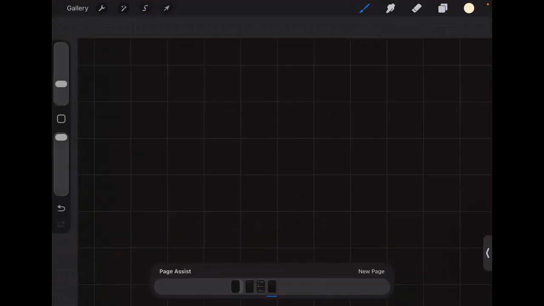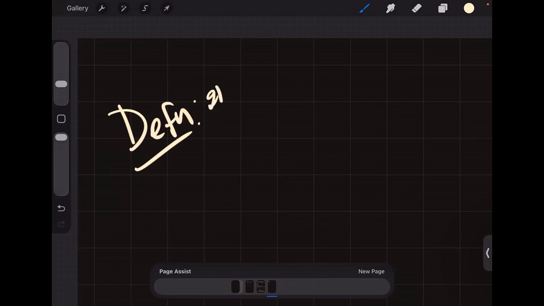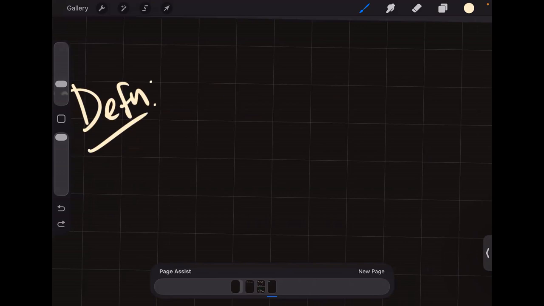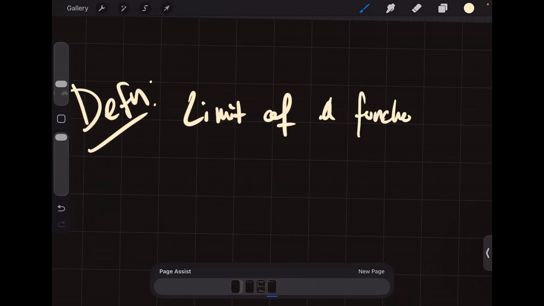Let's do a definition. This is going to be definition 21: limit of a function.